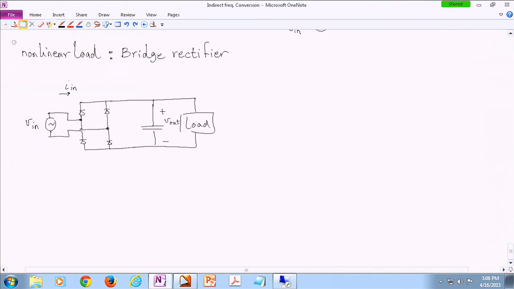So looking at some of the waveforms, let's call this your input voltage. Okay, and then this is the rectified version of my input voltage.